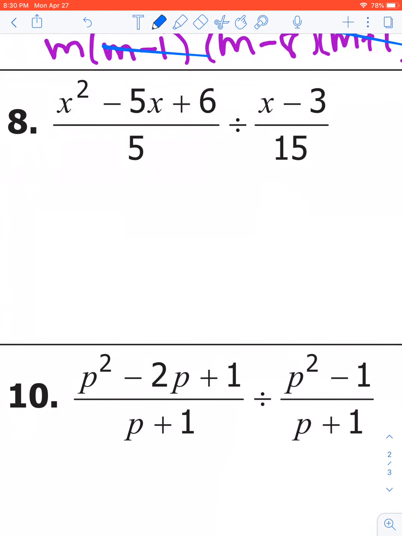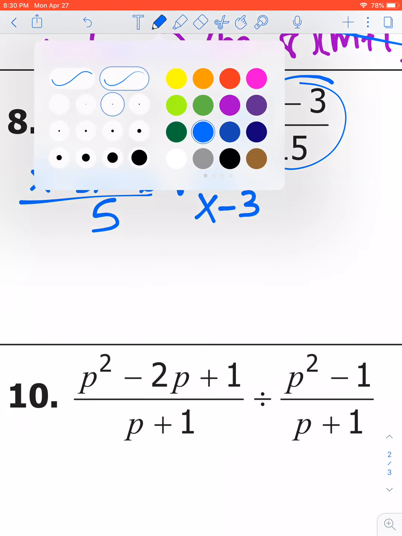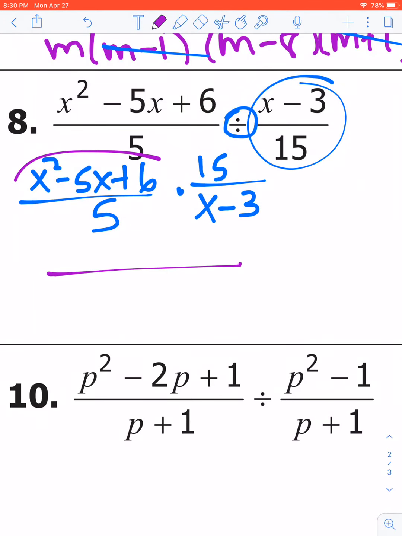Next, problem 8. Again, I notice that it's a division, so that means the first fraction stays itself. And then I'm going to multiply by the reciprocal. This problem isn't really too bad because there's only one thing I have to factor, and that is that trinomial. Two numbers that multiply to 6 and give me a negative 5 are x minus 2 and x minus 3.